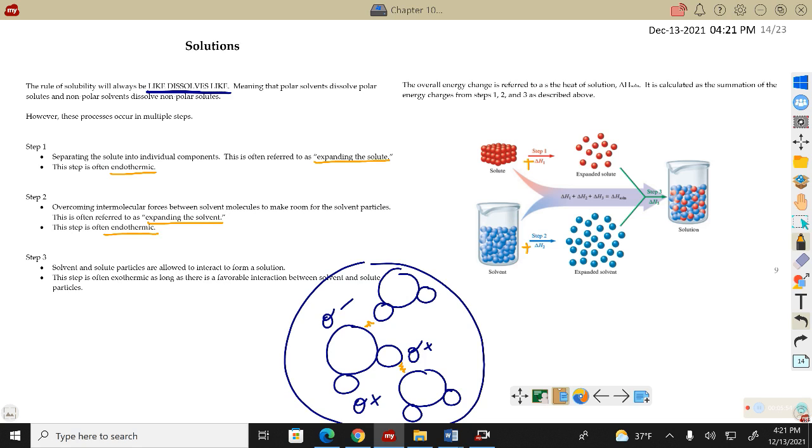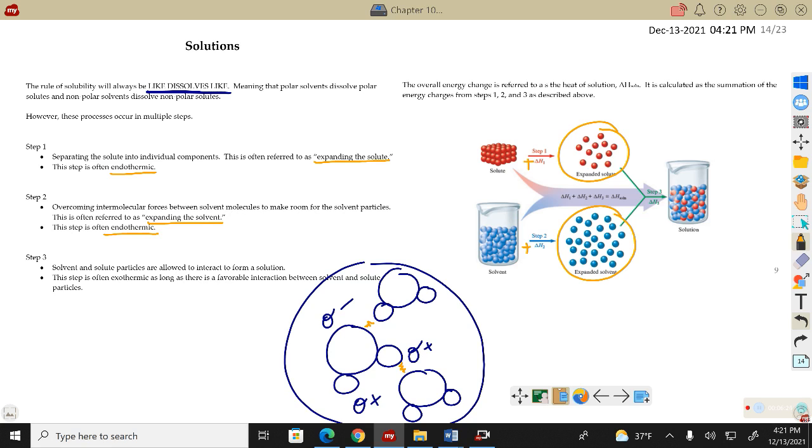Both of those endothermic. So now I've got my expanded solute and solvent, and I'm ready to mix them together. So now if these particles want to interact with one another, energy is usually released. So if I've got oppositely charged particles, I've got two polar substances, when opposites attract, that's a favorable process, and energy is released.